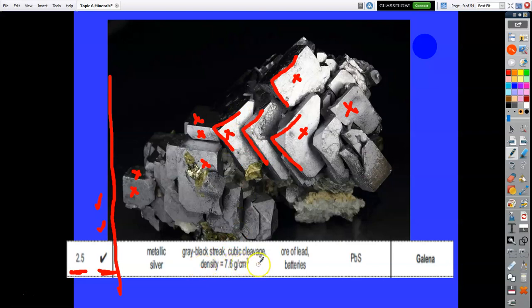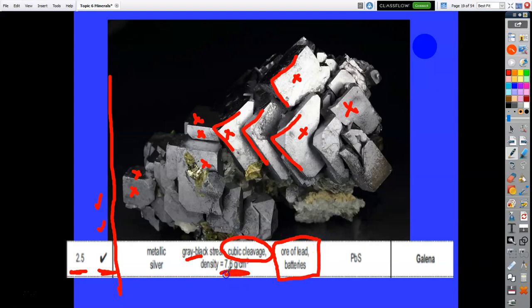And in one of the columns on the back of the ESRT, they'll say distinguishing characteristic. And students will say, what do they mean by that? It's one or two things in that mineral that make it stand out from other minerals. And you can see right here, and I cut and pasted this off the ESRT, galena has cubic cleavage. It also has a grayish black streak. They tell you what it's used for. It's very, very heavy.